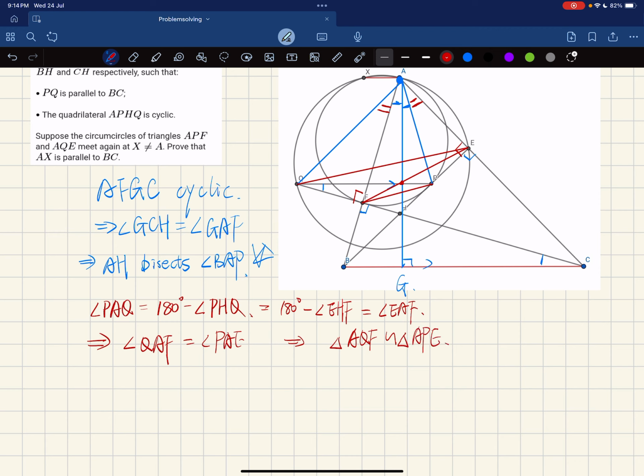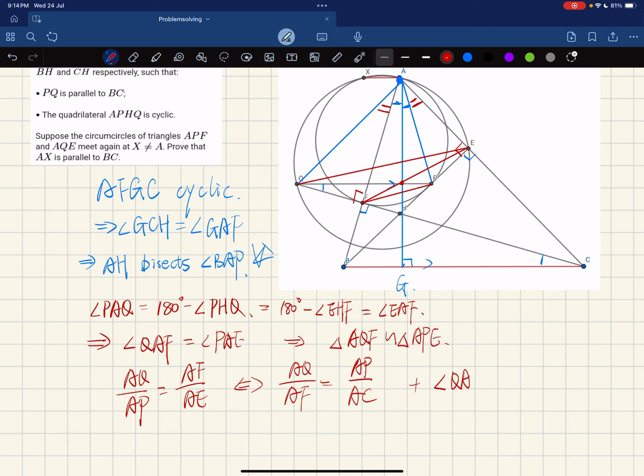So that's one important thing we can get. Thus we can have the ratio of the sides, AQ over AP equals AF over AE, which is equivalent to AQ over AF equals AP over AE.